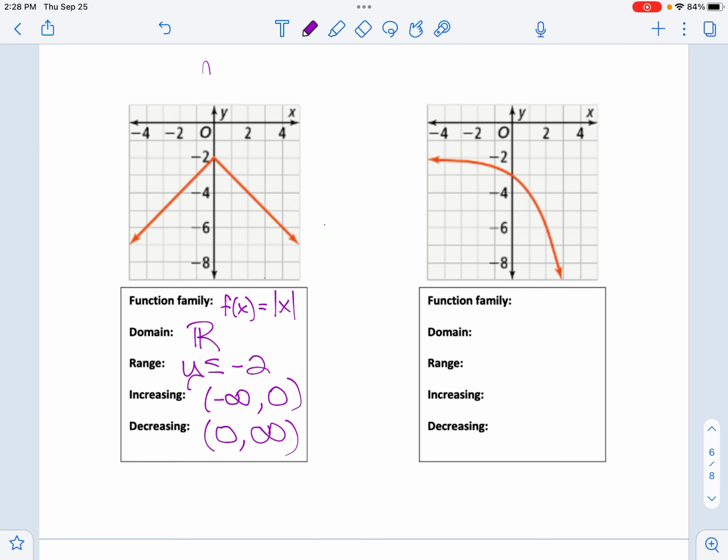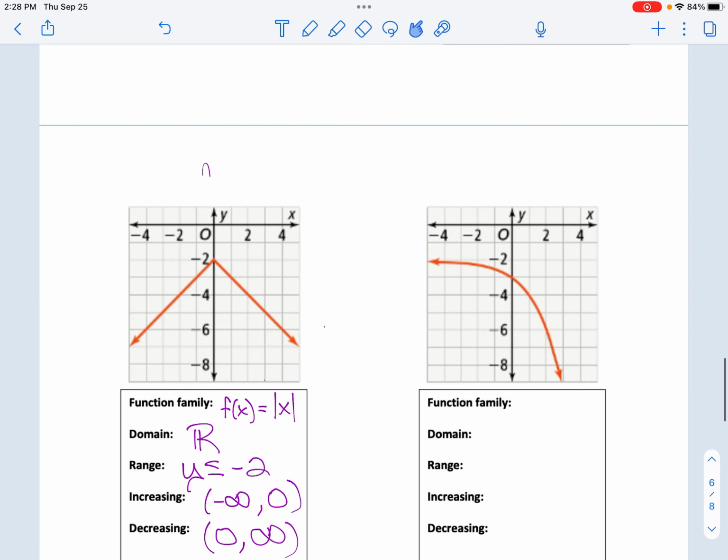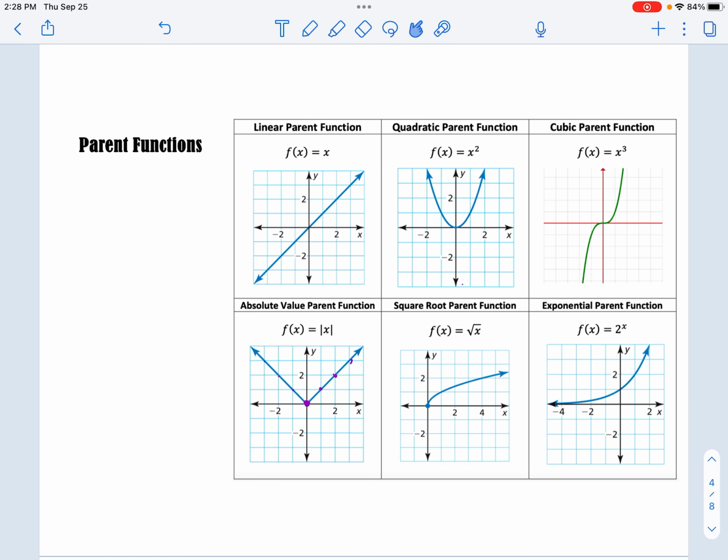Okay, so here you can see that curved line. So let's see how that looks on our function family. This appears to be similar to this one, just turned upside down. So an exponential parent function.